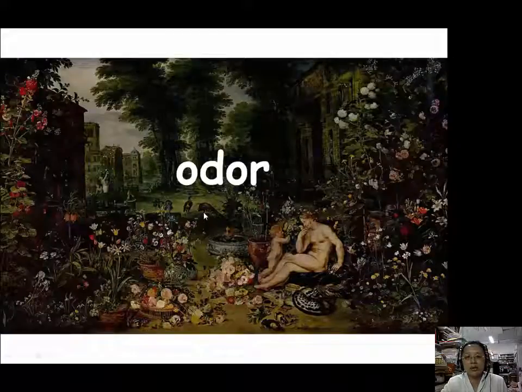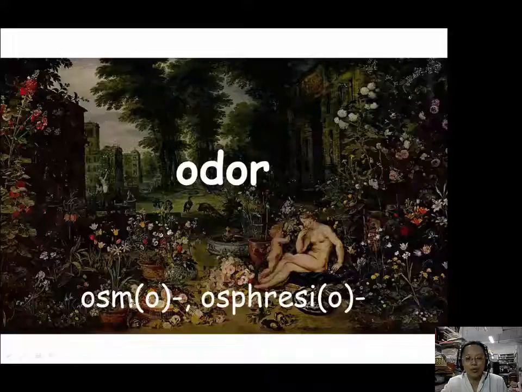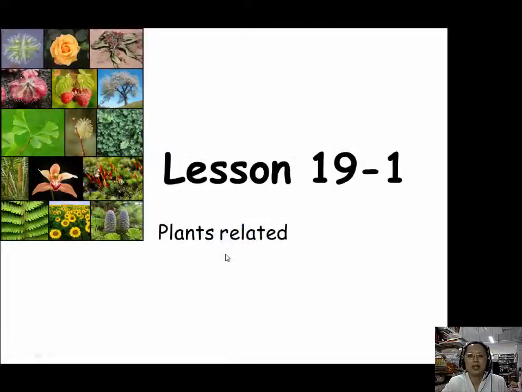For odor, things that smell, we could use osmo, O-S-M-O, and osphresio, O-S-P-H-R-E-S-I-O. For foul smelling, stench, something that smells really bad, we use this prefix, bromo, B-R-O-M-O.